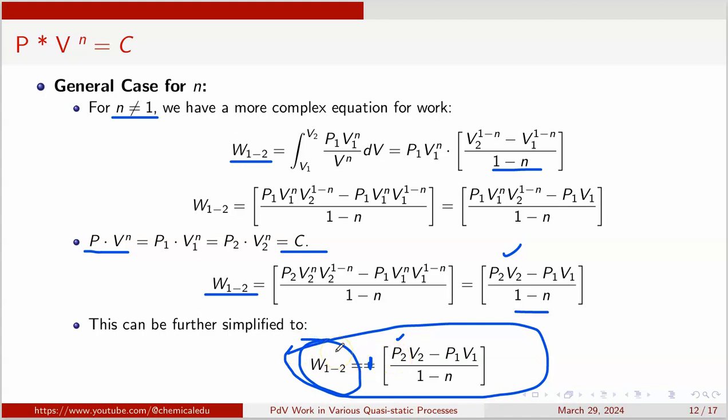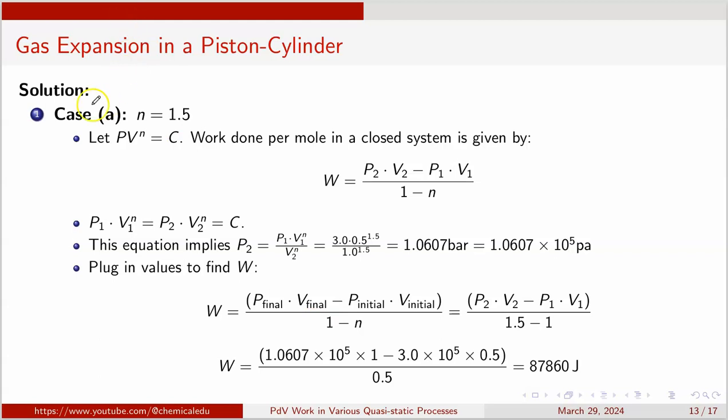Now from the problem, first, n is equal to 1.5, so PV to the power n is equal to constant. Here we know that W is equal to P2 V2 minus P1 V1 by 1 minus n. P1 and V1 are given, so now we have to calculate P2. P1 V1 to the power n is equal to P2 V2 to the power n is equal to C, so from that we can easily calculate P2 as P1 V1 to the power n by V2 to the power n.